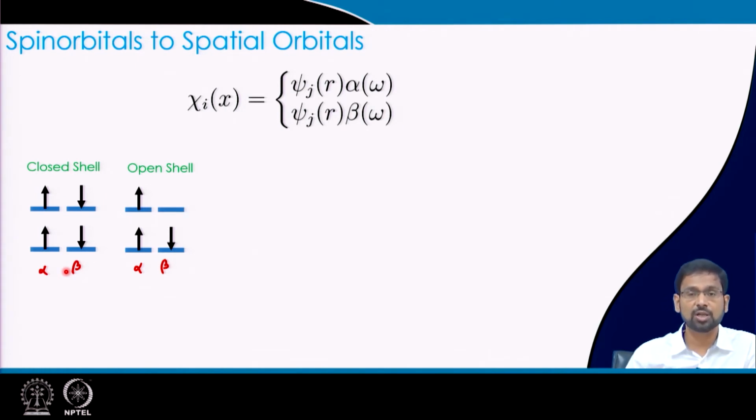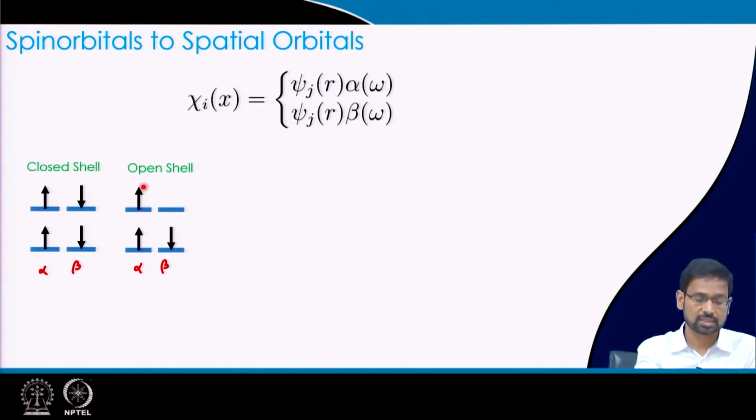When all the spatial orbitals of a system are doubly occupied, that means they hold one up electron and another down electron, I call those systems closed shell systems. So the overall spin multiplicity is singlet. On the other hand, I can have an open shell configuration where one or more spatial orbitals are singly occupied.